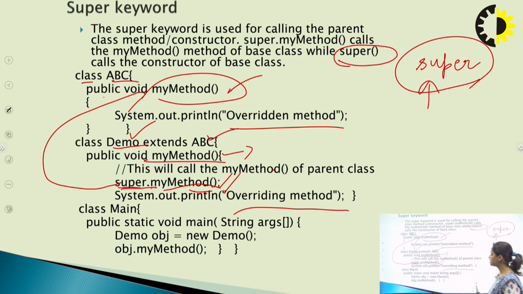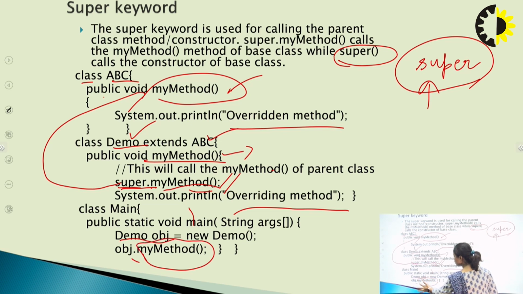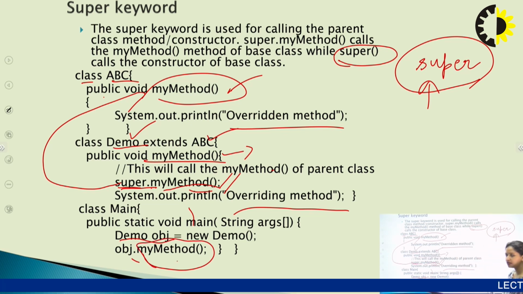Now let us see what will happen in the output, and which output will come: either the overridden method will be printed or the overriding method will be printed. Let us see. But before that, here we will see the main class. In the main class, we create the object of the child class demo and make a call to my method, which is common to both the classes and which would cause method overriding.